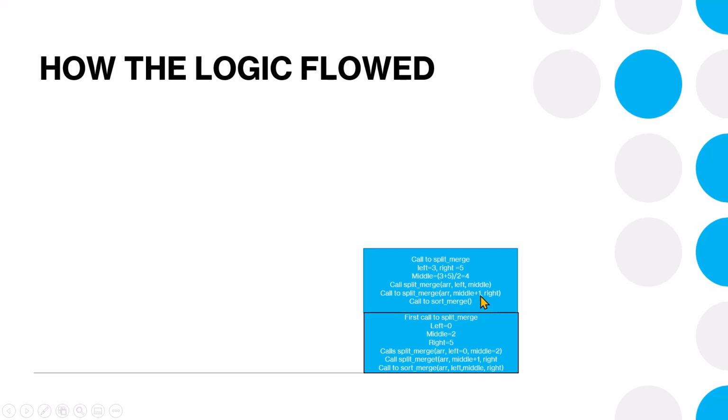Right now, because they're equal, middle plus 1 is 5 and right is also 5, we do nothing in split merge and we make a call to sort merge. After which we exit this instance, which brings us to the point where we had called split merge with array, middle plus 1, 3, and right 5. And then we call sort merge for the last time. And that's how we have the data sorted.